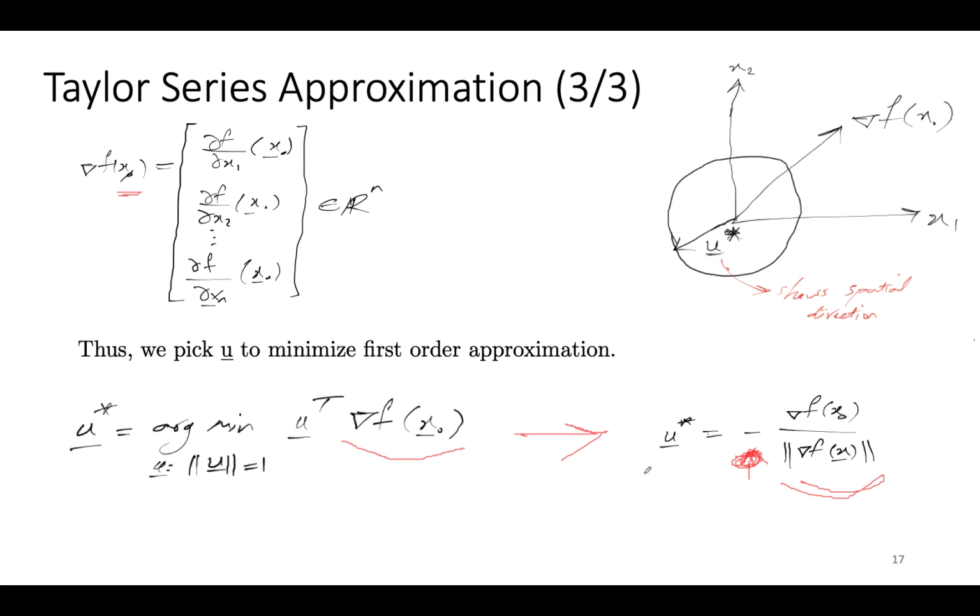So to find the U star, we need to just compute the gradient and find a norm. Do note that this denominator is a scalar value, right? This is a scalar. It can be absorbed into the epsilon when we apply it later on.